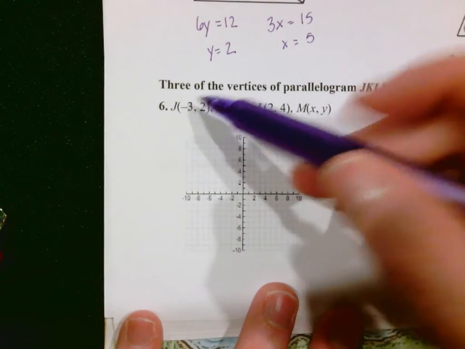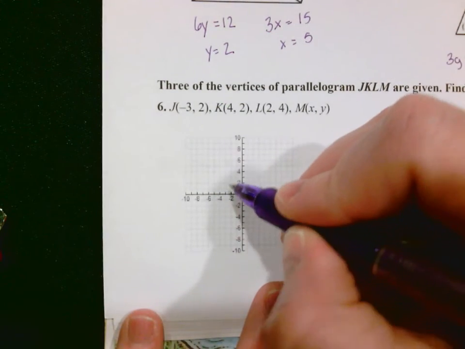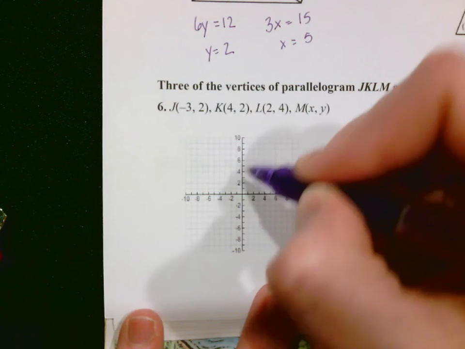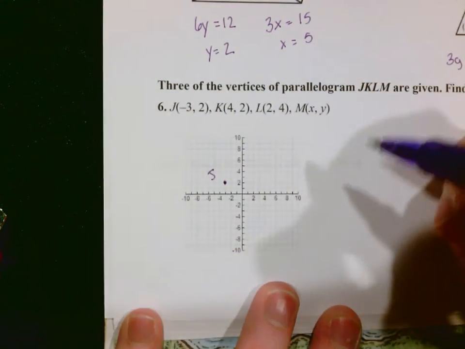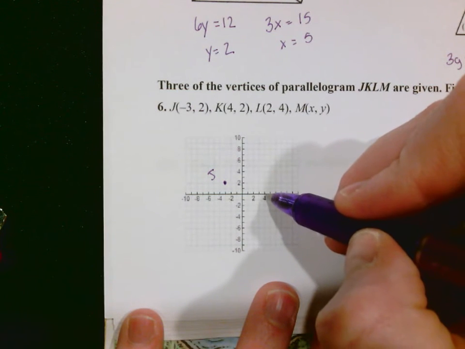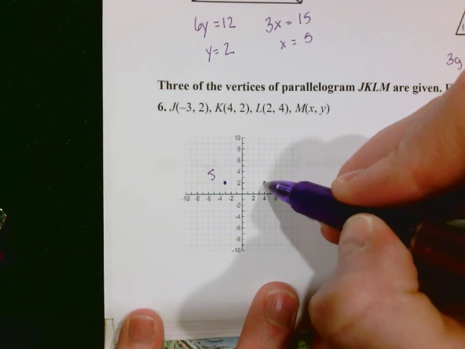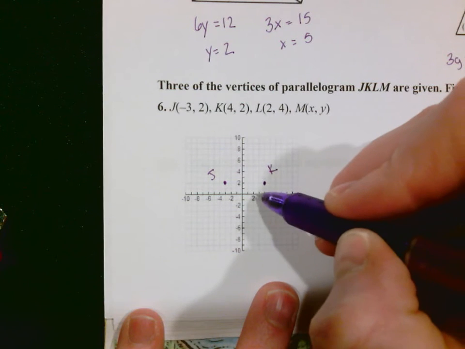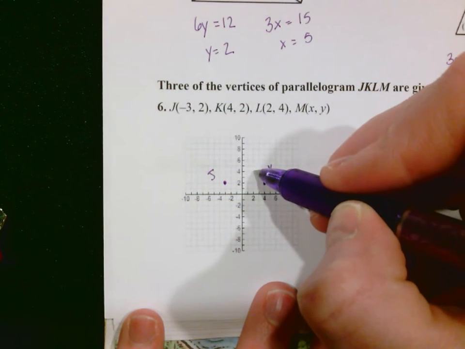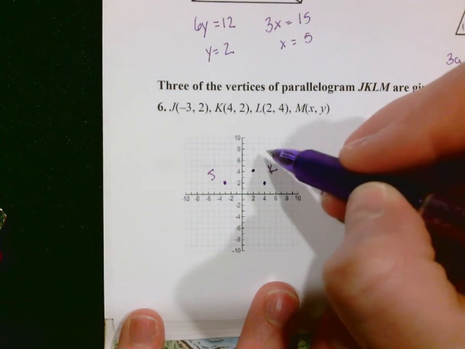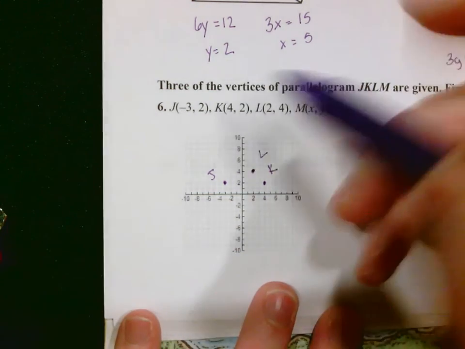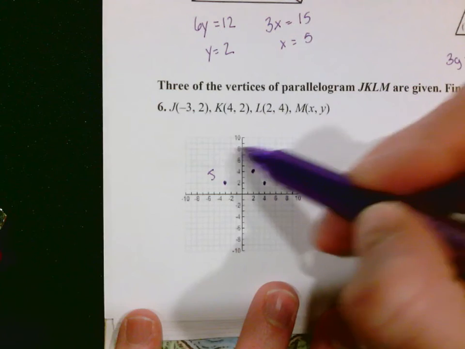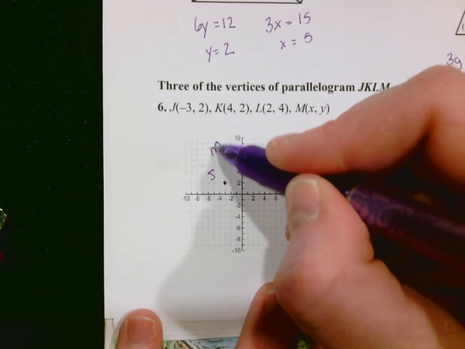So J is negative 3, 2. 4, 2 is K. 2, 4 is L. So it goes J, K, L. That means M is over here somewhere.